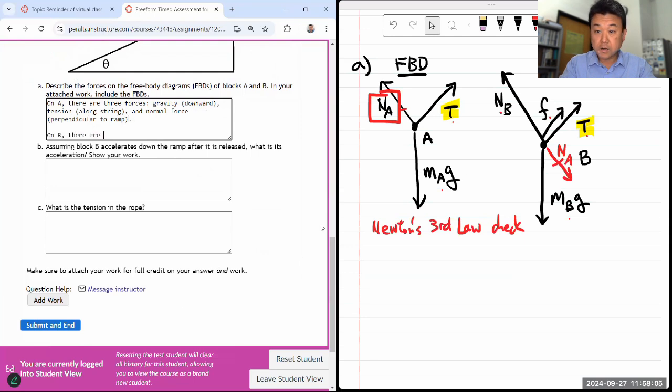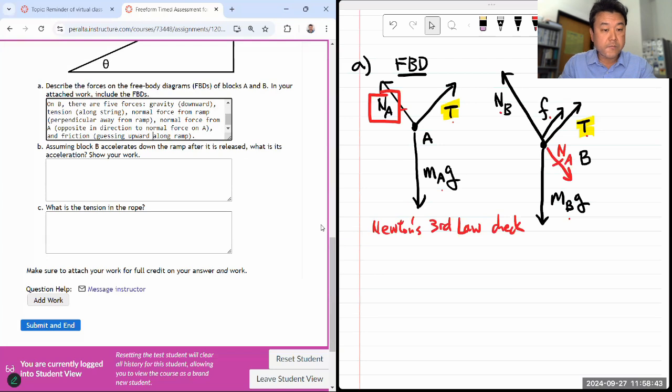On B, there are, is it 5 forces? 1, 2, 3, 4, 5. Yeah, 5 forces: gravity, downward, tension along string, normal force from ramp, perpendicular away from ramp, normal force from A, opposite in direction to normal force on A, and friction, guessing upward along ramp.